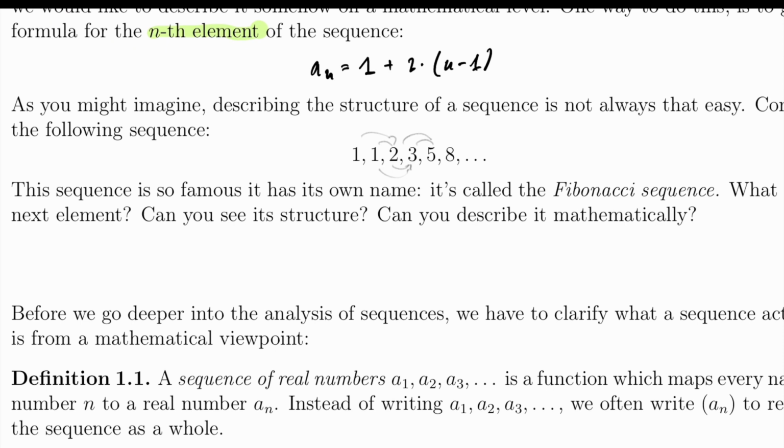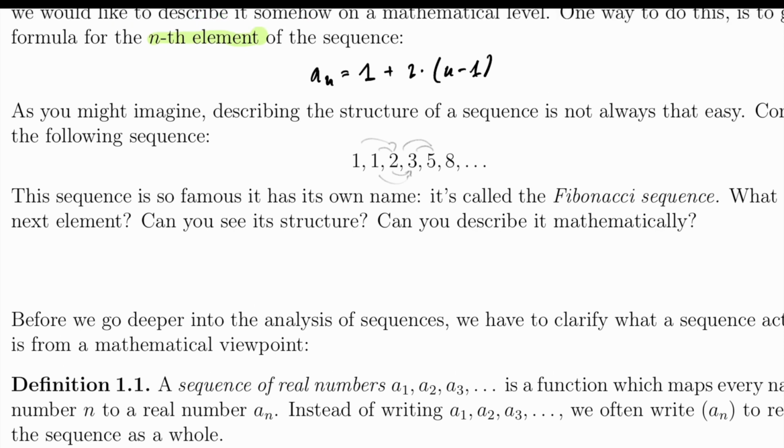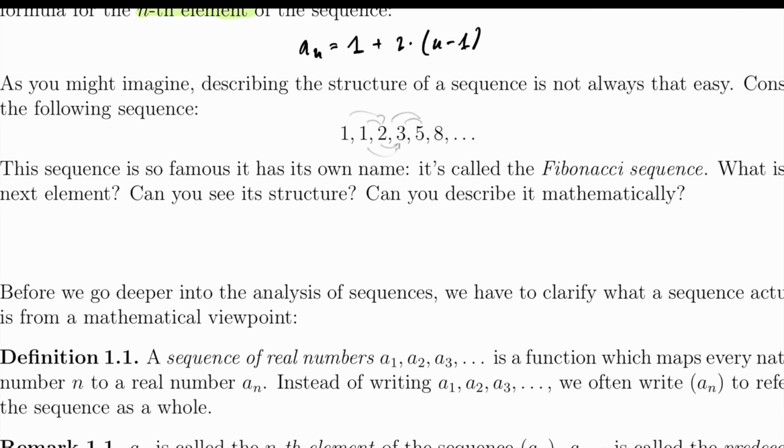So here, rather than saying, hey, I directly go for the nth element, it's easier for the moment to describe the sequence in another way and just say, hey, for the nth element, what I do is I take my 2 previous elements, an minus 2 and an minus 1, and add them up.